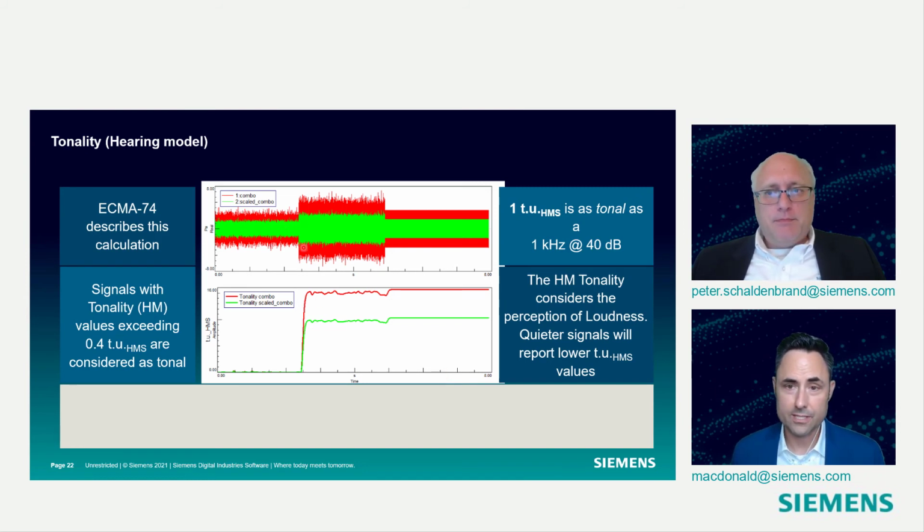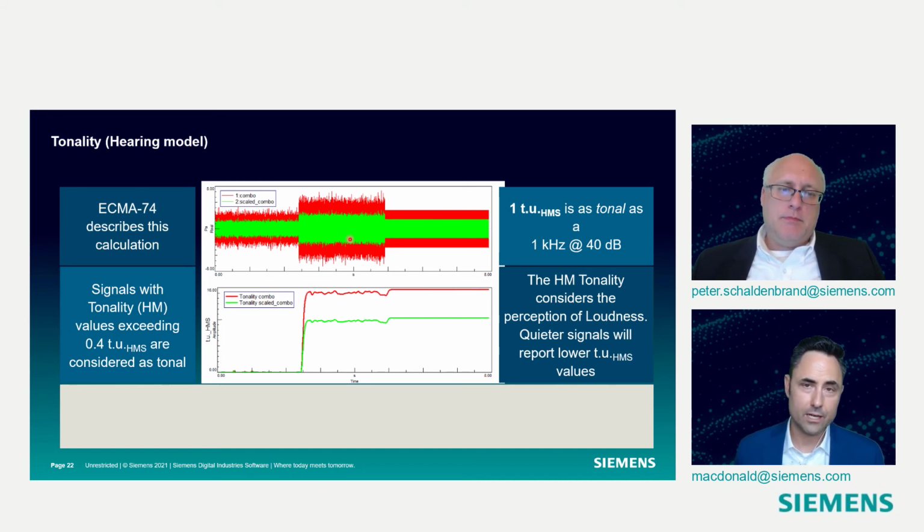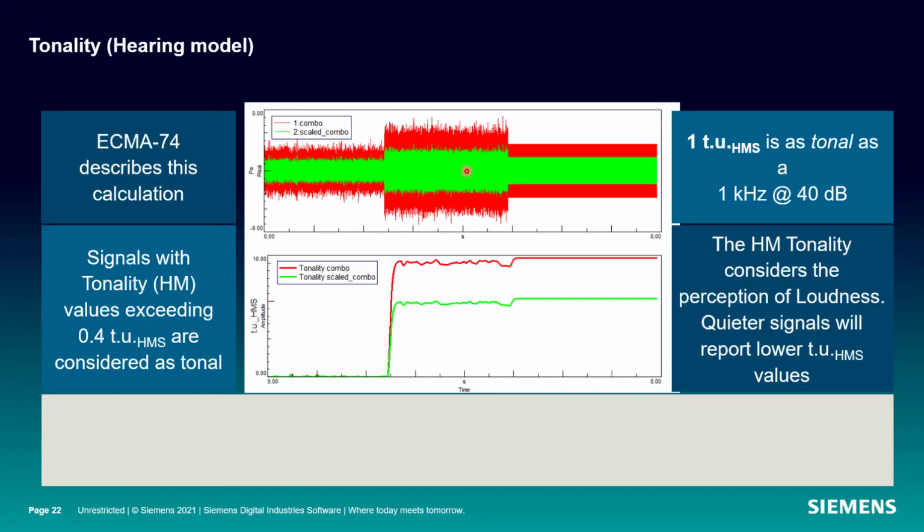So I'll show you this same sort of combination signal that we just played in Test Lab, where it's a mix of broadband and tones, and then just tones. You see the red function calculates a psychoacoustic tonality shown in red here. And then for the green, I cut the loudness in half. I literally multiplied all the values by 0.5, so the amplitude comes down.